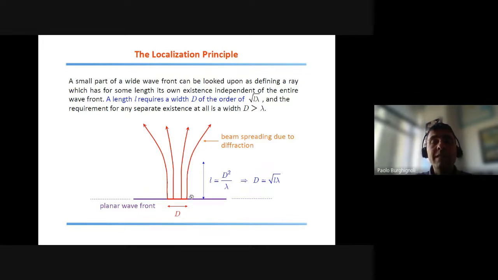So there will be a distance up to which the rays more or less propagate linearly and parallel to each other. After this distance, which is of the order of d squared over lambda, where d is the extent of the portion of the wavefront we are considering, the rays start to diverge angularly, and this is the classical beam spreading that is due to diffraction.